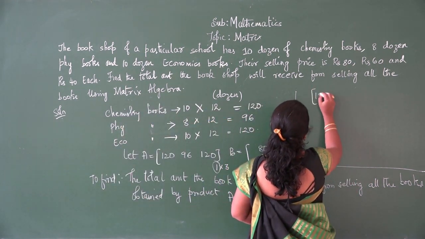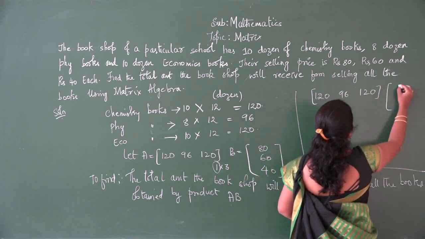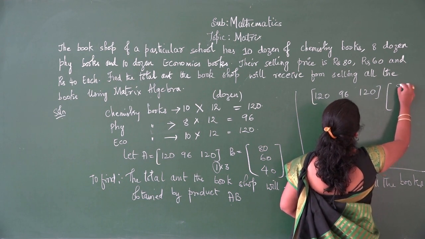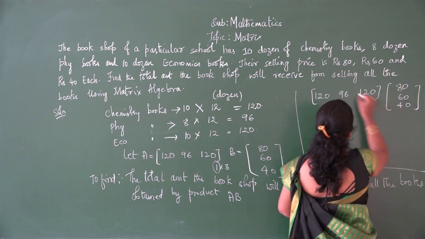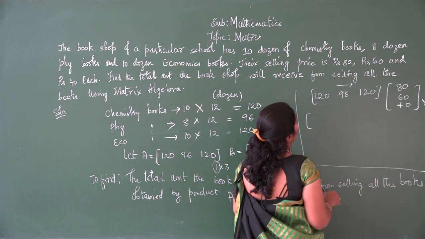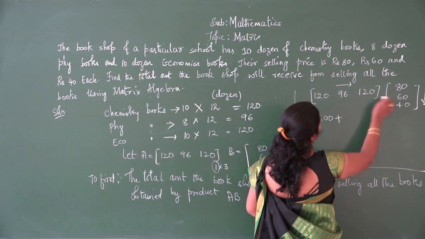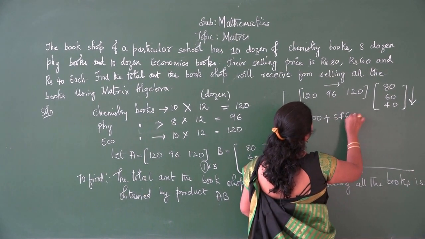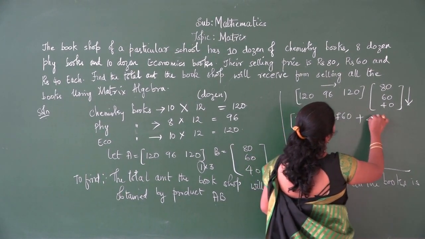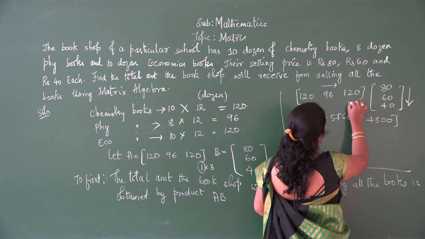What is matrix A? 120, 96, 120. What is matrix B? 80, 60 and 40. Row wise, column wise. So this will sum up to 9,600 plus 96 into 60, 5,760 plus 4,800. What is the order of the matrix A? 1 into 3.